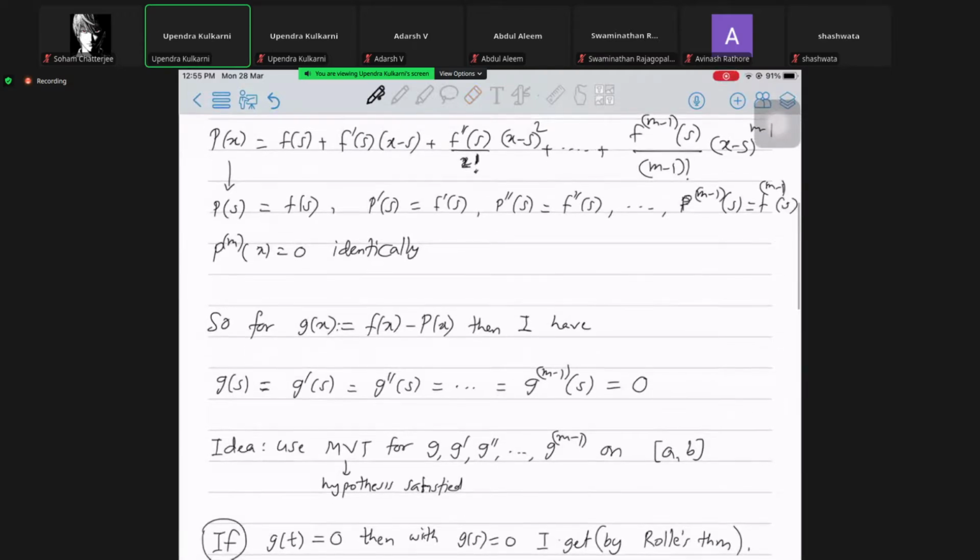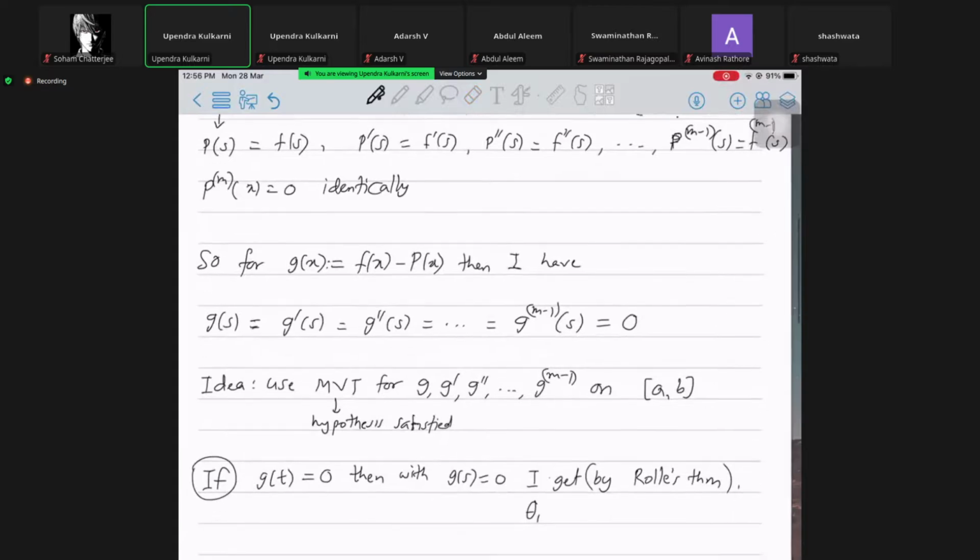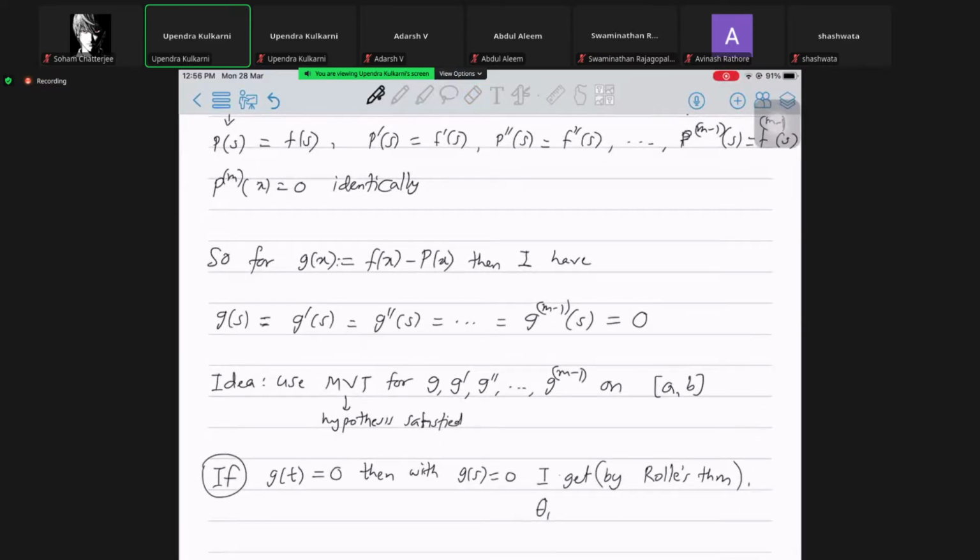So it's really the interval from s to t or t to s. But here, by Rolle's theorem, if I apply it on the interval that has endpoints s and t, I will get theta 1 between s and t such that g prime of theta 1 is equal to 0.